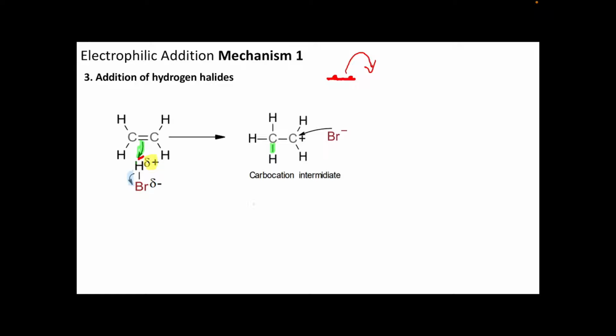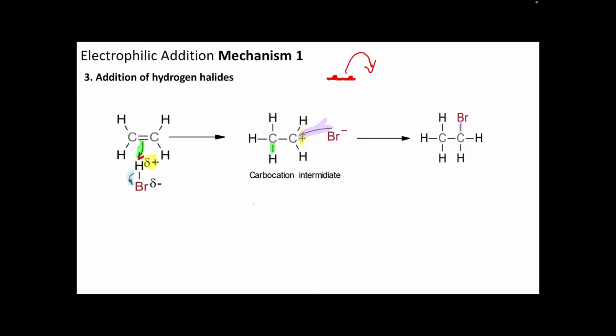And we can see that what happens now is that the bromide ion is attracted to the positive carbon, and a pair of electrons from the bromide ion moves onto that carbon, and you will get a bond forming.